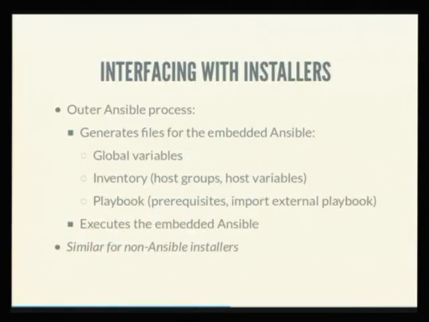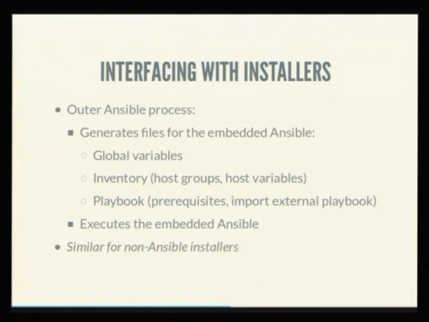So as I mentioned, the outer Ansible process, the way it's interfacing with the inner Ansible, generates a bunch of files, variables, host groups, host variables, reusing what we had on the outer layer, but letting us keep in control of what we want to transfer or what we want to isolate. Then we generate another playbook, actually, which takes care of handling prerequisites.